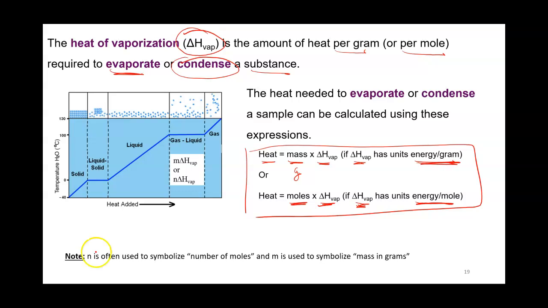And I should point out here that n is often used to indicate the amount of something in moles. So n represents the number of moles, and a lowercase m is used normally to indicate the mass in grams of a substance.